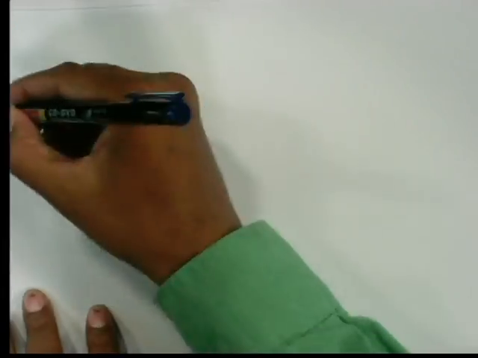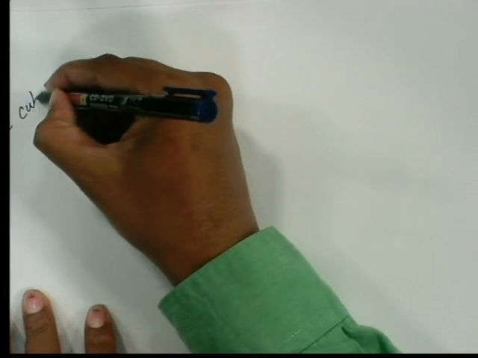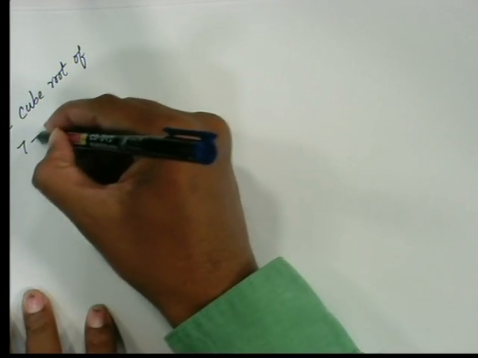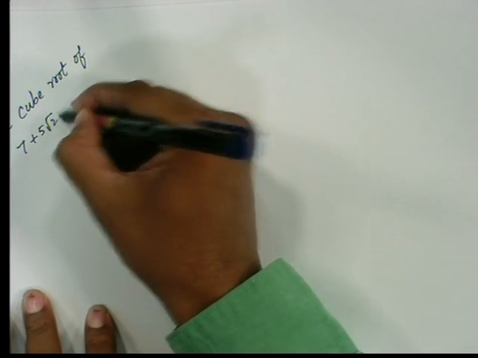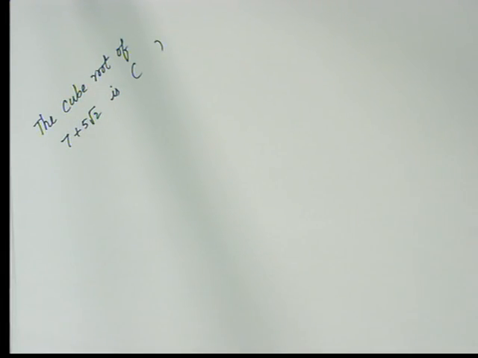First, let us do one of the problems on cube roots. Let us find out the cube root of 7 plus 5 root 2. The question will be given like this in the examination. I repeat once again the question: the cube root of 7 plus 5 root 2 is.